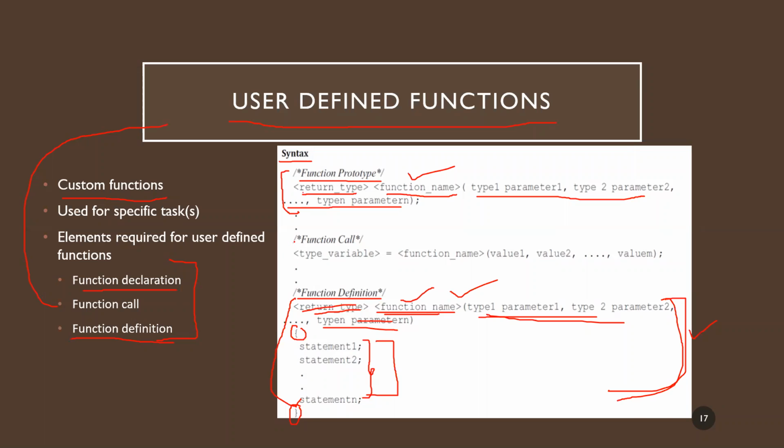So next, if I have to call a function, what is the syntax for that? Since we are specifying a return type, say it is returning an integer type, I should have a variable of a proper type, an integer variable, because whatever the function returns will be stored in this variable. Then, with the assignment operator, you take the function name and pass the parameters which the function is expecting.